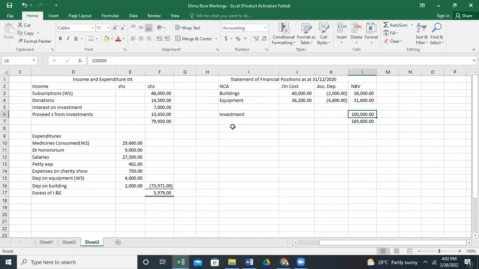I go to current assets. In the current assets, I have the stock of medicine. Remember, this was our working number 2.